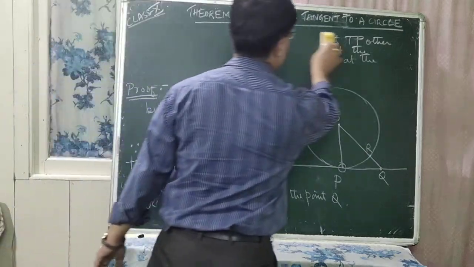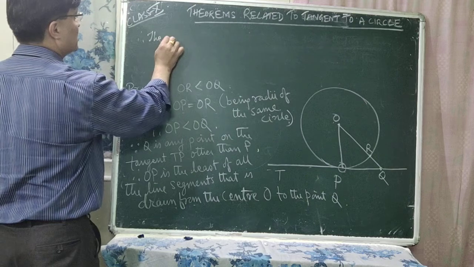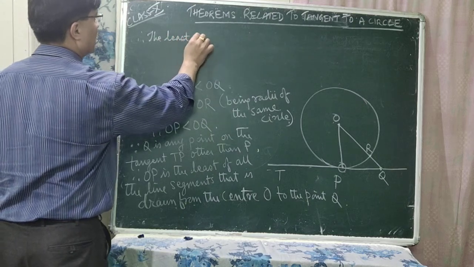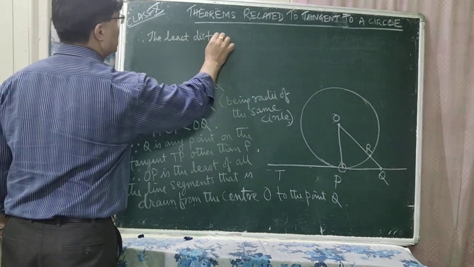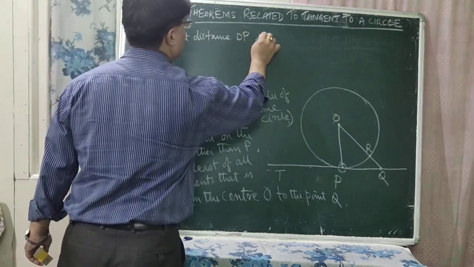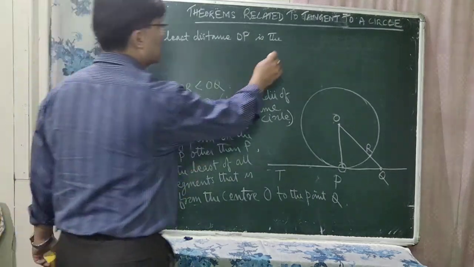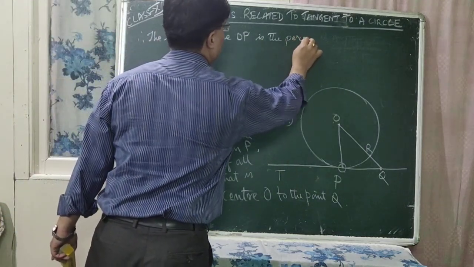Therefore, the least distance OP is the perpendicular distance.